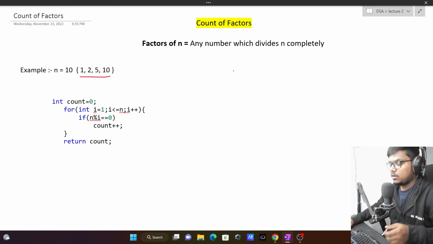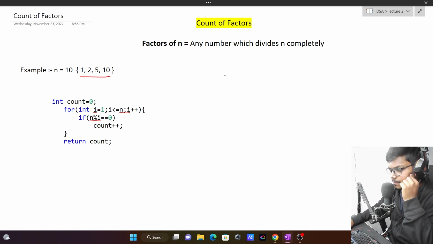See, now what I am going to say is, for example, i is there, n is there, right? For 10, 2 is a factor, right? So if 2 is a factor of 10, then which number should I multiply to get 10?